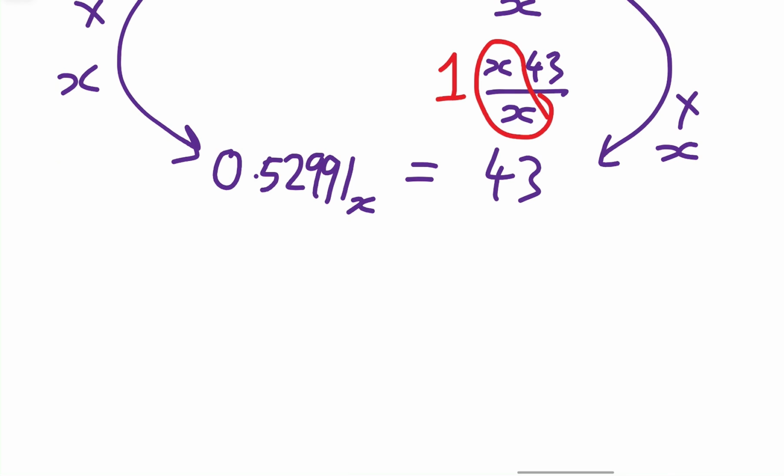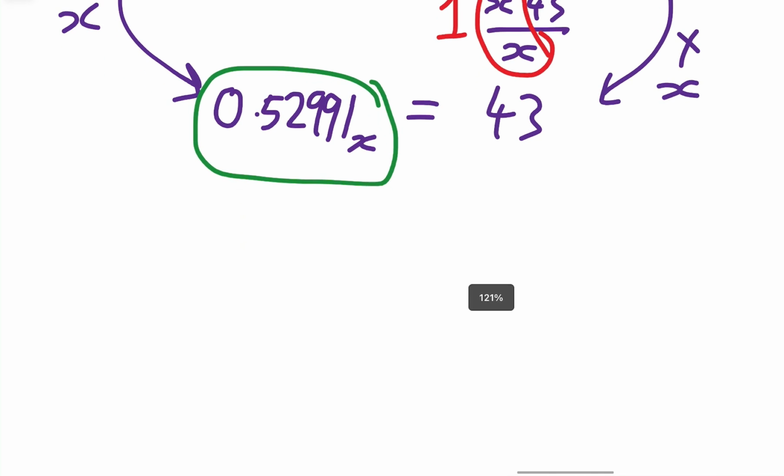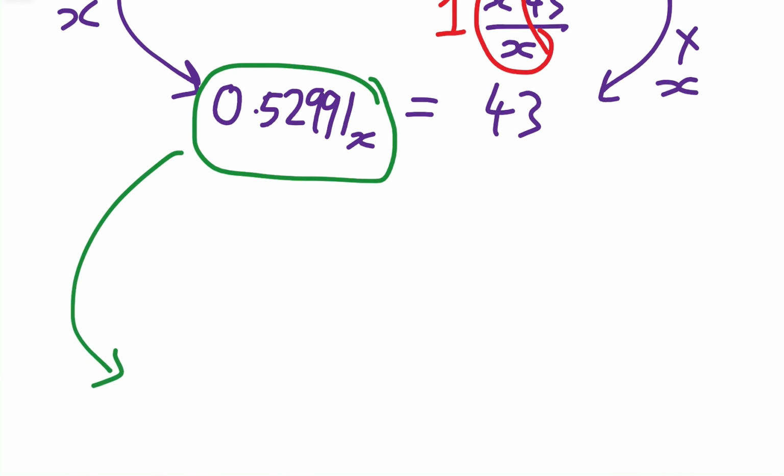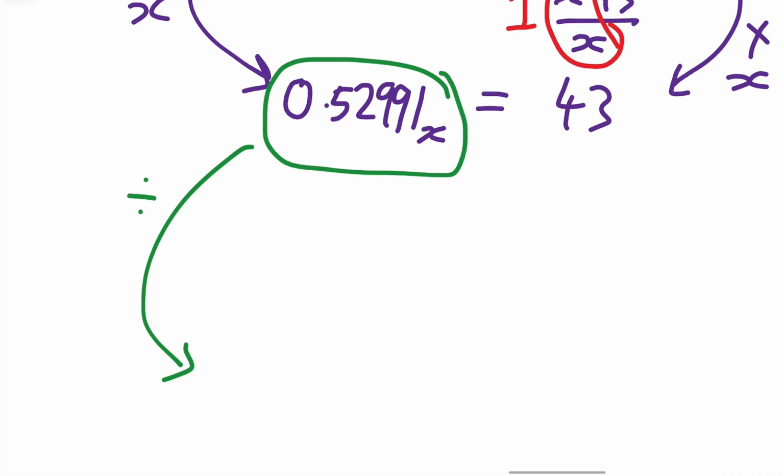Now, at this stage, this is a multiplication. The decimal 0.5299, that's multiplying my x. So if it's multiplying x, I need then to divide. So I'm going to divide because, again, I'm seeing multiplication, so I'm dividing by that decimal.